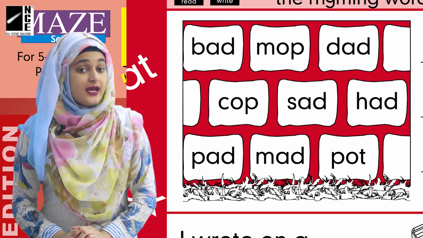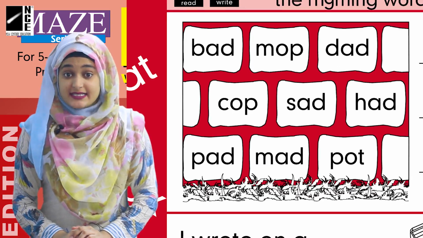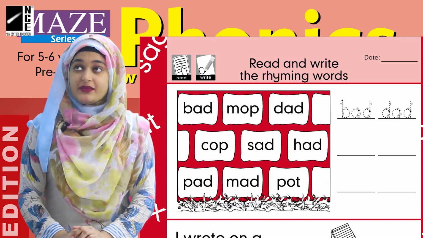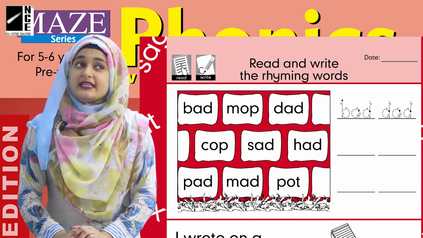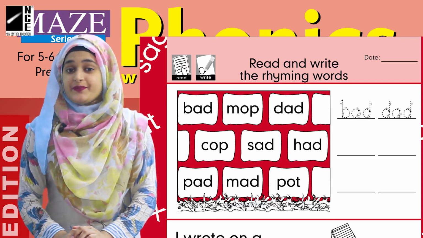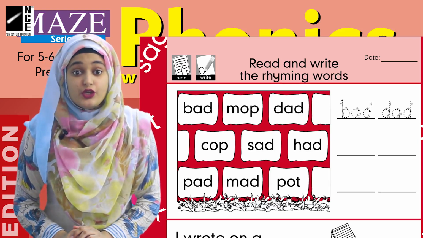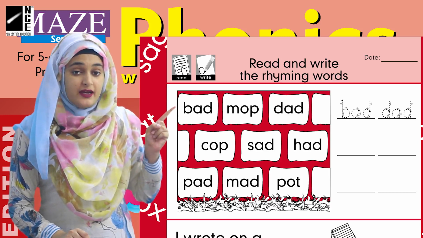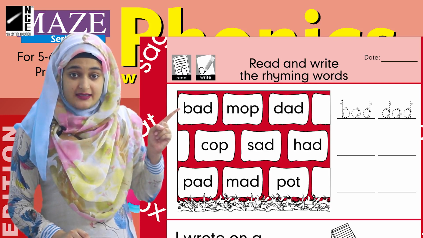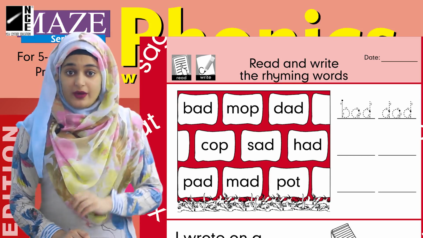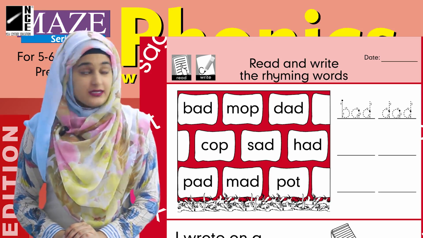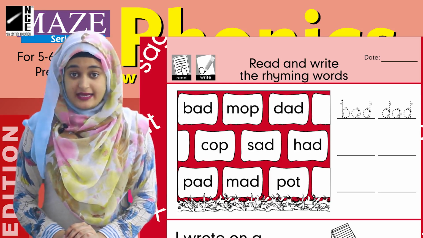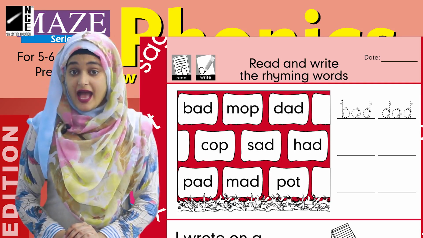Okay, it is sad. You can look into your worksheet too. Sad, dad. They rhyme. So in the first blank, you will write sad. For the last blank in the second row, we will look for another word and it is had.